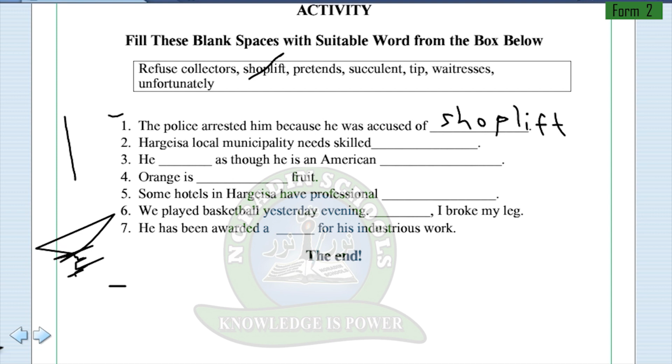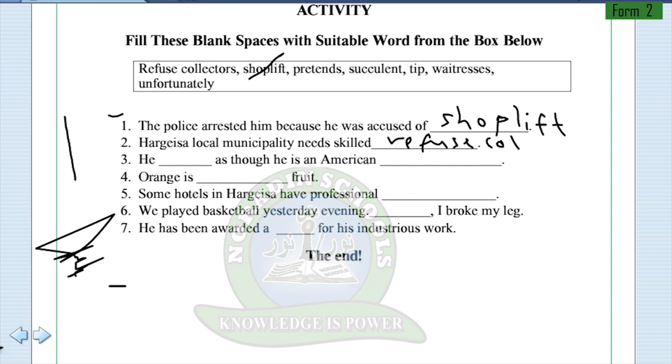The second question: Hargeisa local municipality needs a refuse collector. Thank you very much.